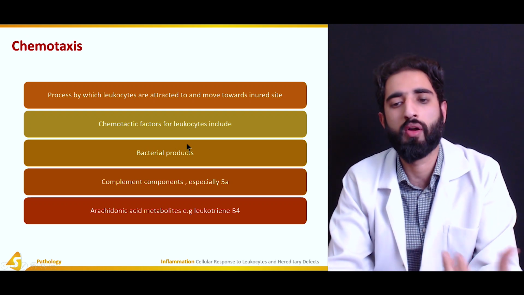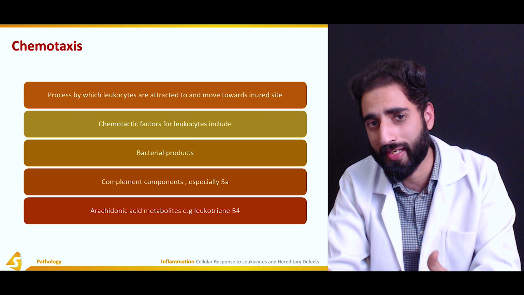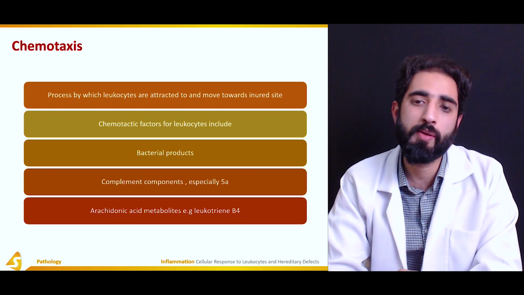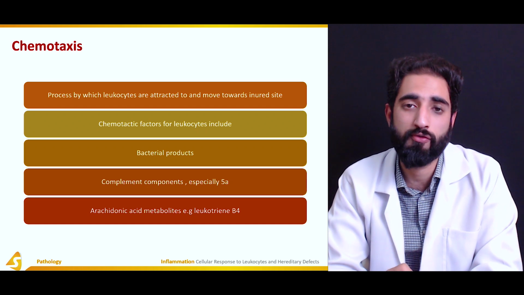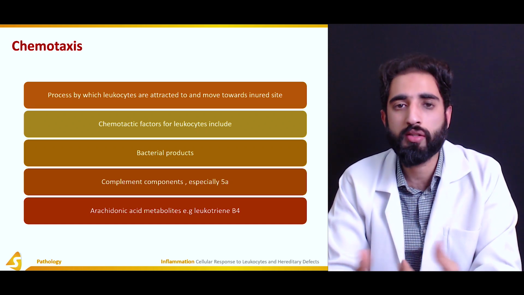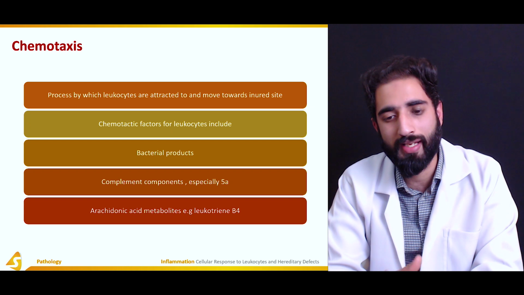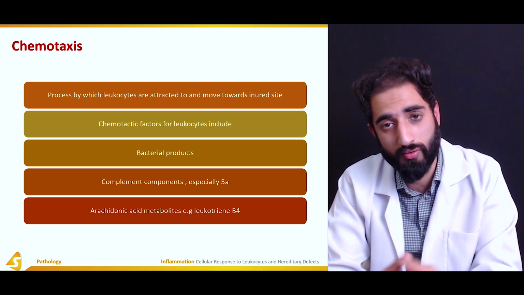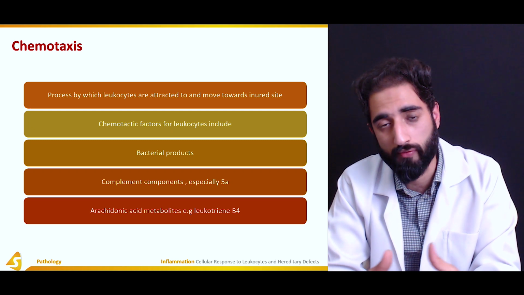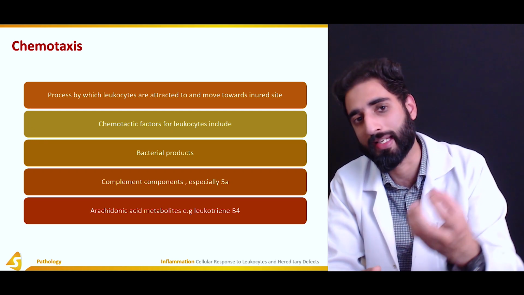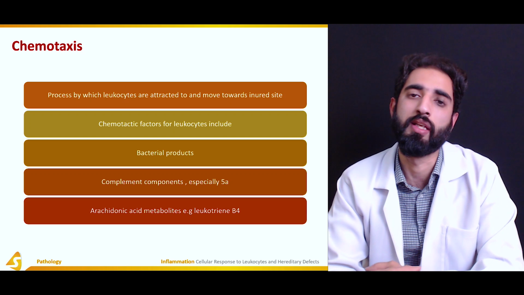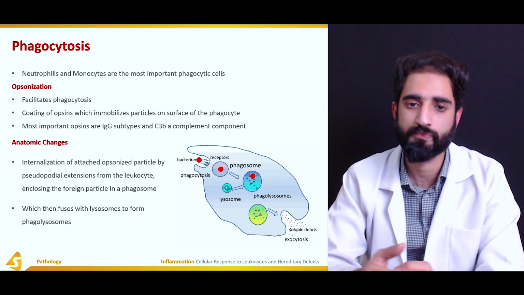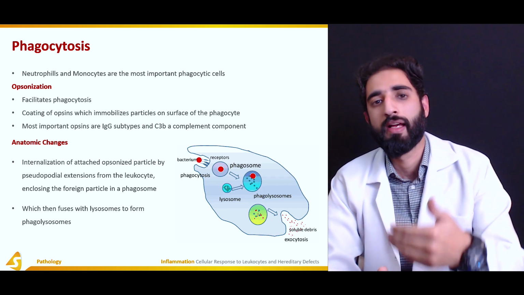Chemotactic factors for leukocytes include the products produced by bacteria or the complement system, especially C5a. Others include arachidonic acid metabolites, for example, leukotriene B4. So these are all different types of chemokines or cytokines that attract the leukocytes to the site of injury or inflammation.